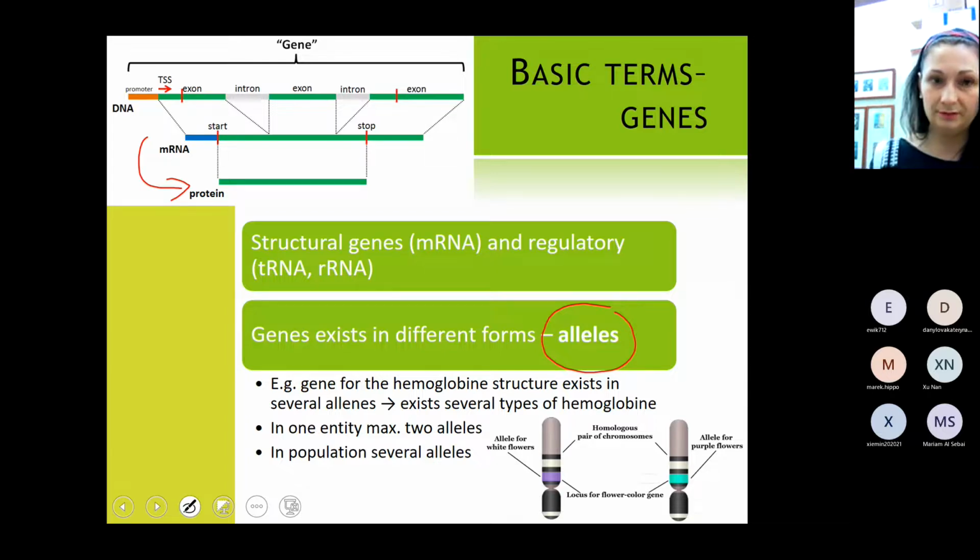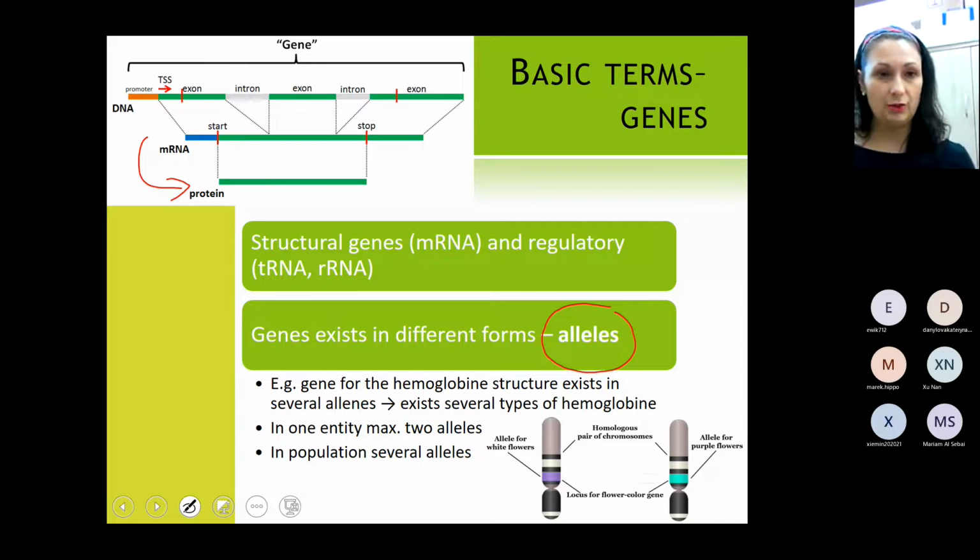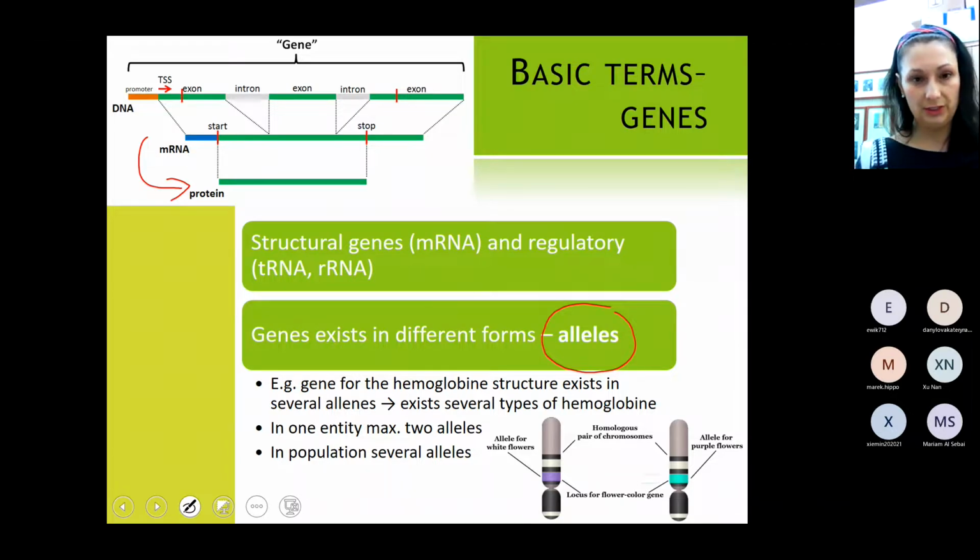Therefore, everyone in our genome has two copies of genes. They might be the same. So in the case that the alleles are the same, the genes are the same, we are talking about the homozygote.